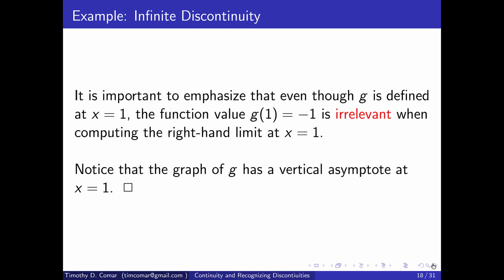And as I just said, it is important to emphasize that even though g is defined at x equals 1, the function value g of 1 equals negative 1 is irrelevant when we're looking at that right-hand limit at x equals 1. And yes, the graph of g has a vertical asymptote at x equals 1. Take one last look at it.